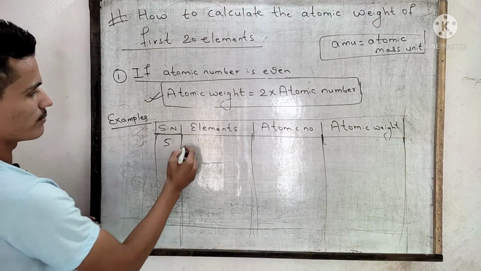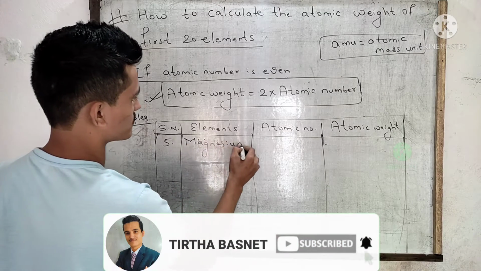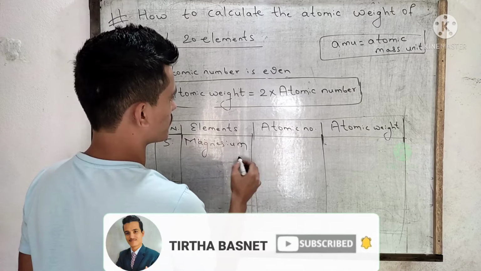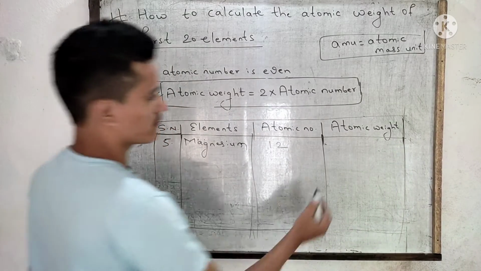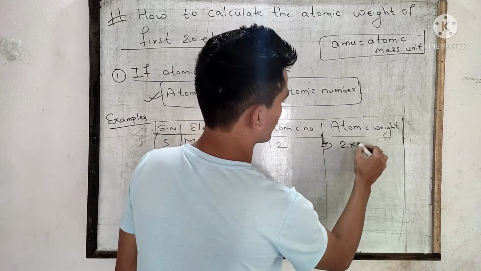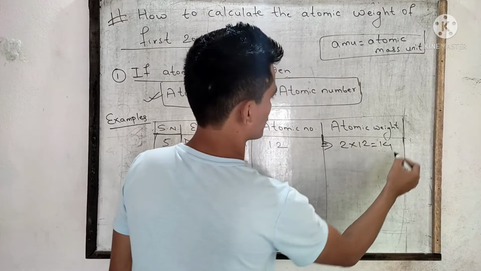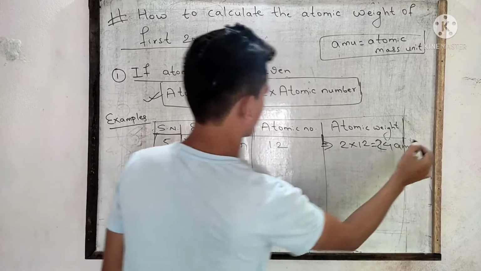Number 5, magnesium. Atomic number 12. The atomic number of magnesium is 12. Atomic weight will be 2 into 12, equal to 24 amu.